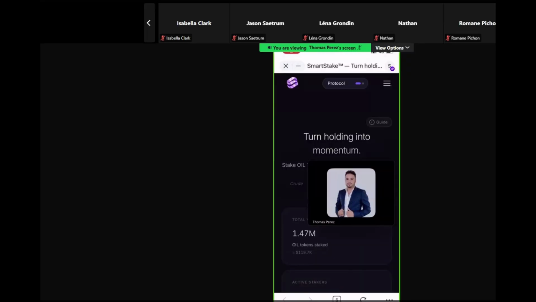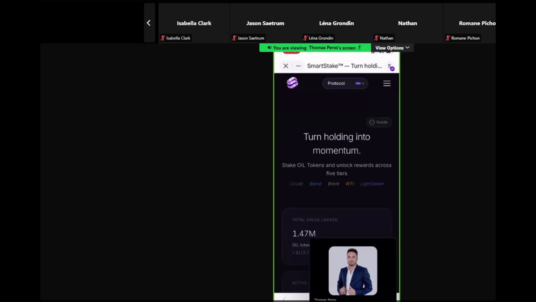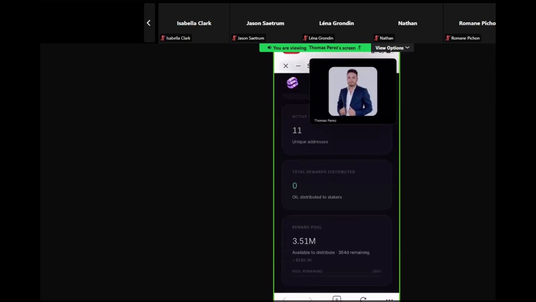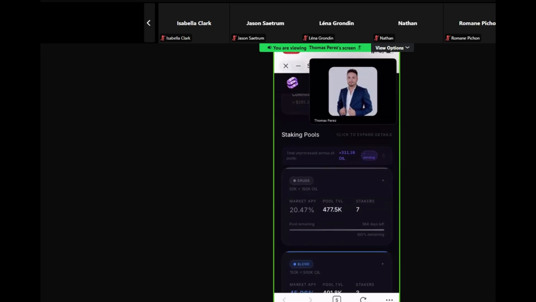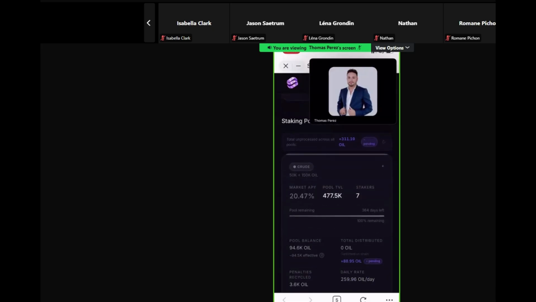Perfect. Here, now I will show you something else before. If we go to the first tier and I want to see some data, I click here. I can see that the average APY from that specific tier, the crude one, starting from 50,000 up to 150,000, the average is 20% APY.